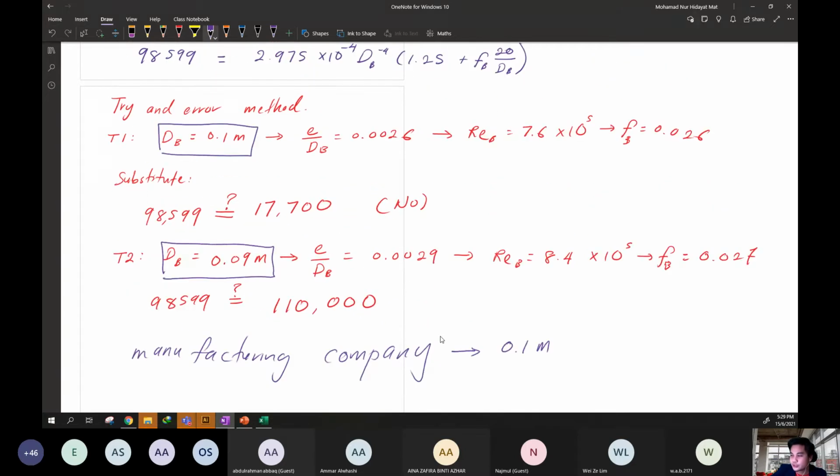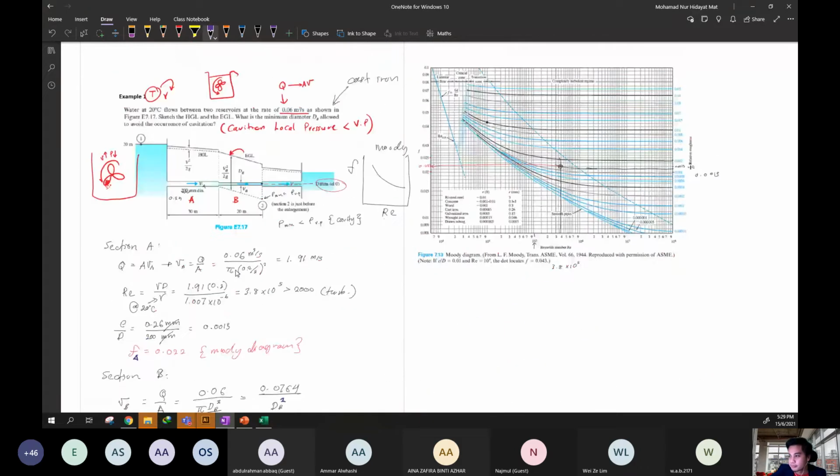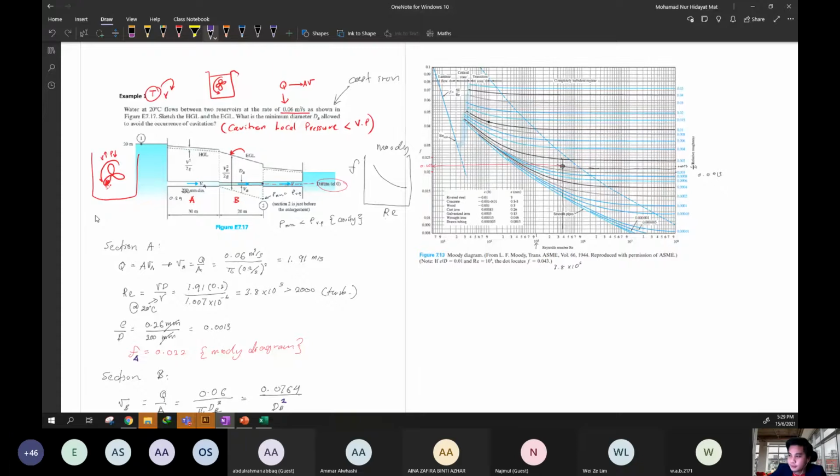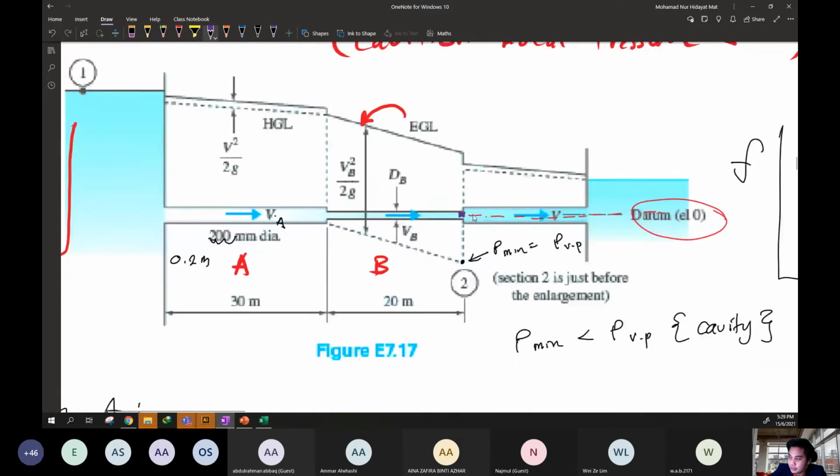Anyone knows why we should select a larger pipe diameter from this value? If we select a larger pipe diameter, do you think the pressure is increased or decreased? You can see from this diagram.